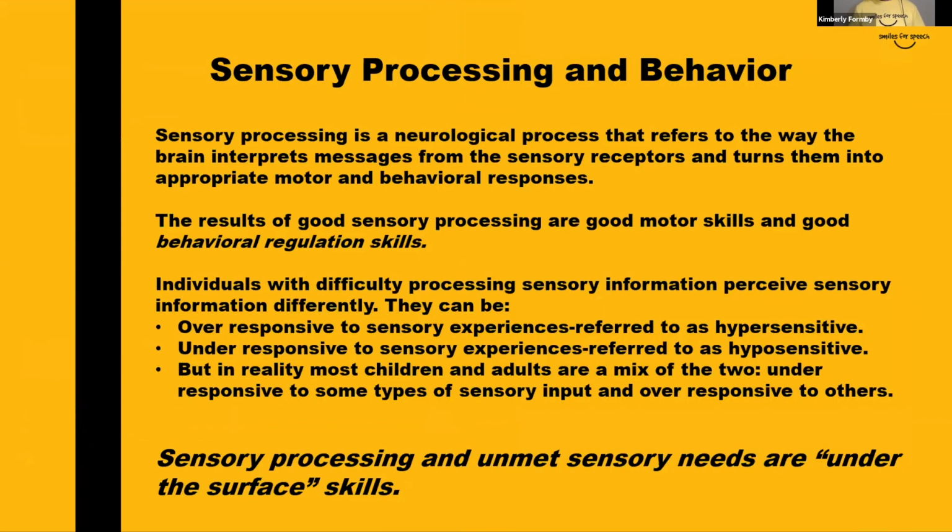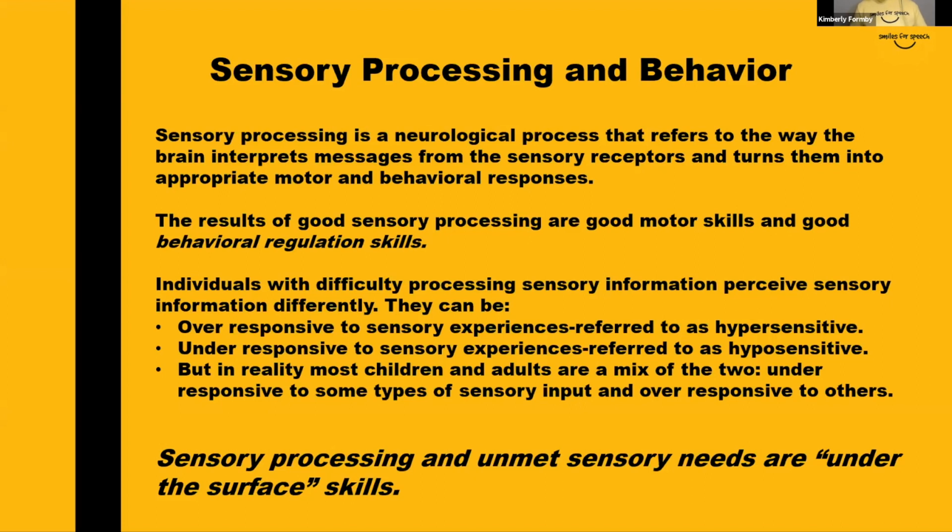So one way to do that is through looking at things through a child's sensory processing skills. And as I mentioned when we looked at the graphic with the iceberg, sensory processing skills and unmet sensory needs are just one of those under-the-surface skills that could be contributing to challenging behaviors.